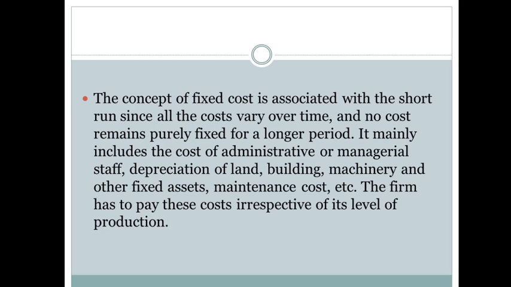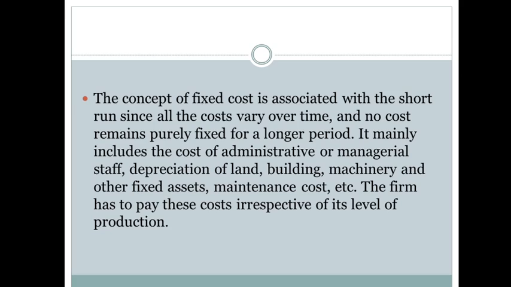The depreciation of land and building will not change. The machinery and other fixed assets cost and maintenance cost will not change even though the number of outputs is increasing or decreasing. They are fixed for the short period, but in the long run they may change. Therefore, this concept is associated with the short run.